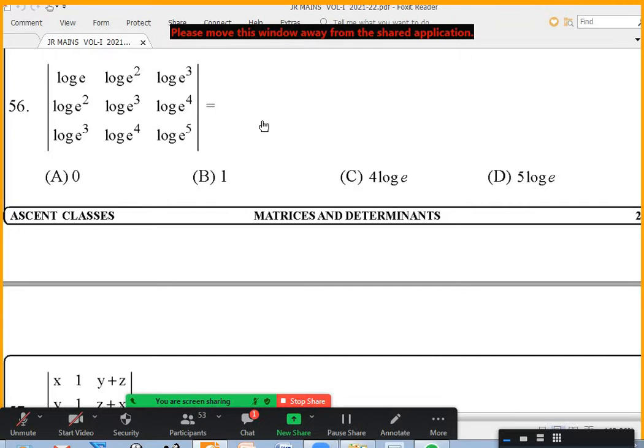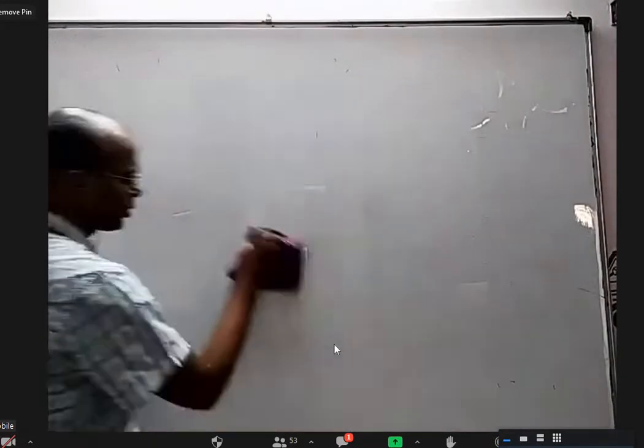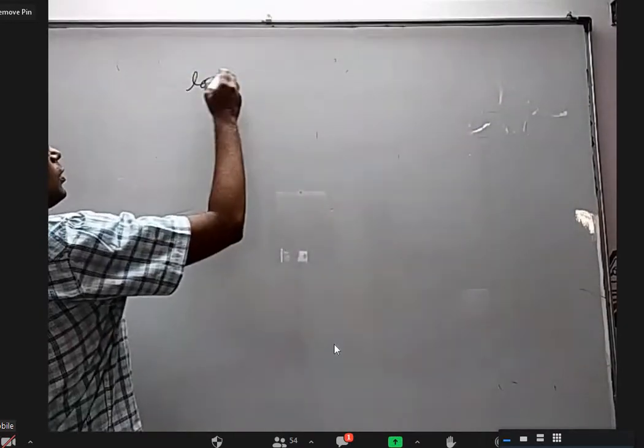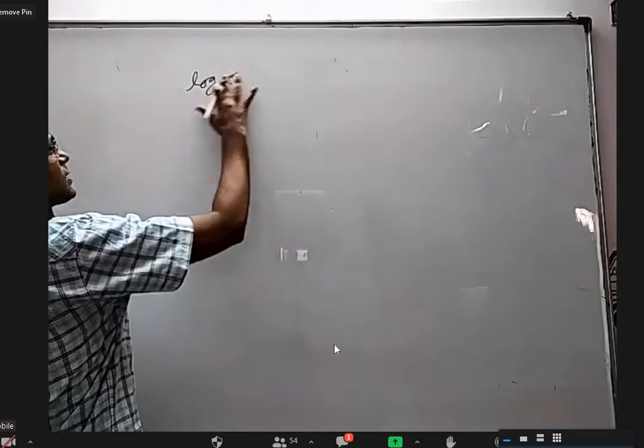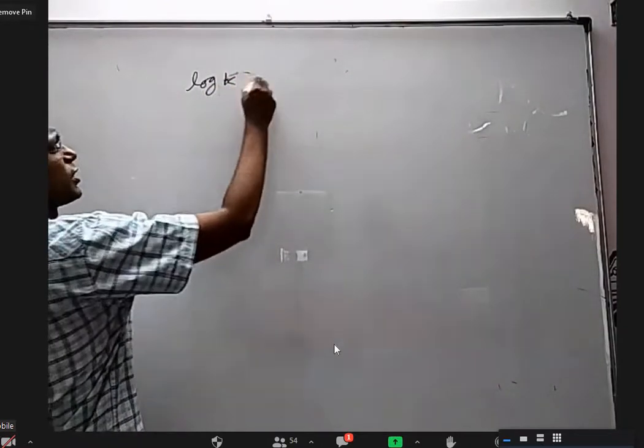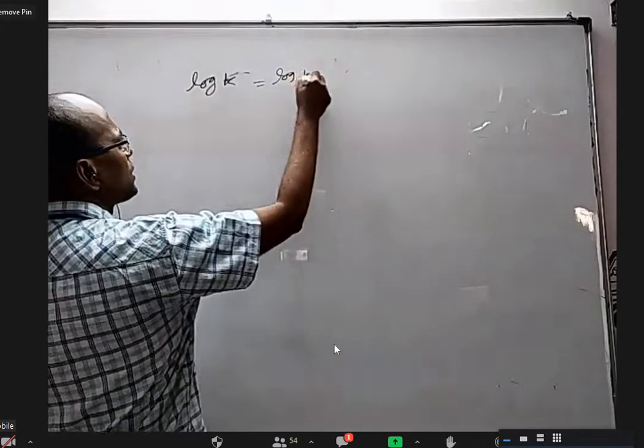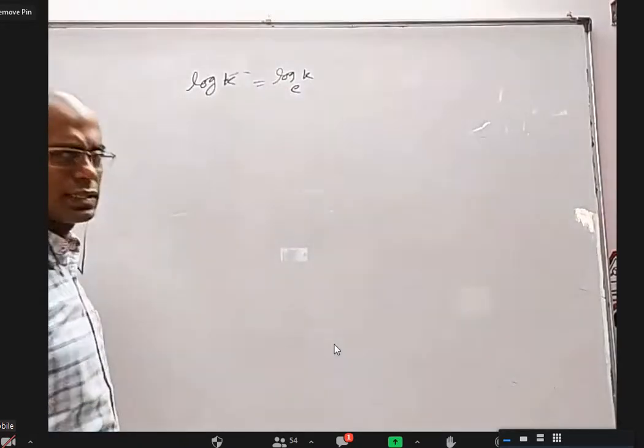I'll tell only two things. What is logarithms? I said I'll take some class later on, or I'll send the videos, but definitely we'll cover it thoroughly. Log e, or let us say log k, if nothing is mentioned, we are supposed to take log k base e. One may ask, what is this e?